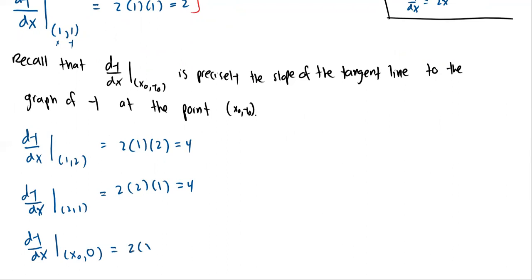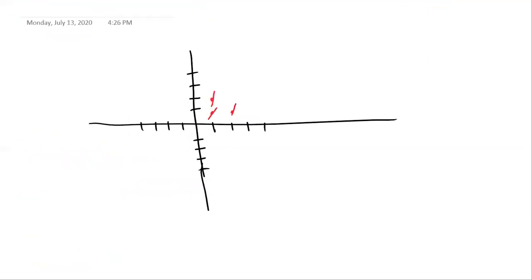So 2 times x0 times 0 is 0. That means that any function solution that passes through any point on the x-axis is going to have a slope of 0. Okay? So for example, at the point (0, 0), we draw a horizontal line. At the point (1, 0), a horizontal line, etc.